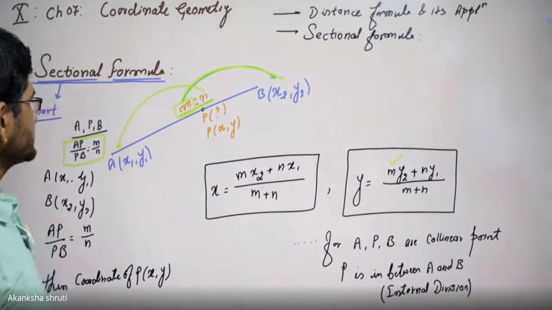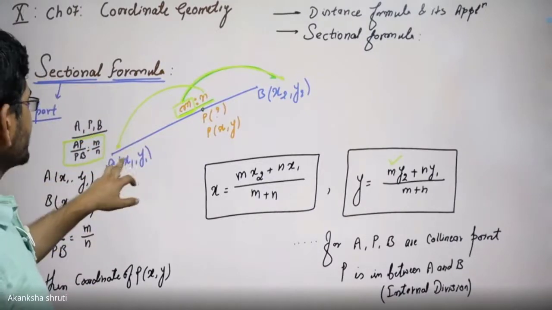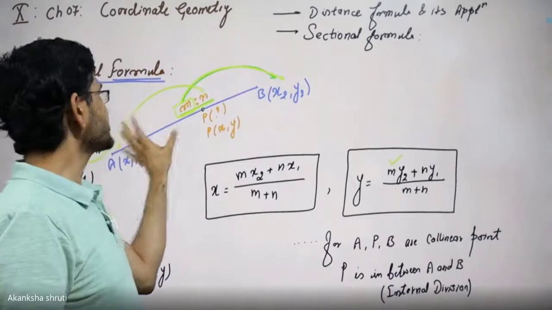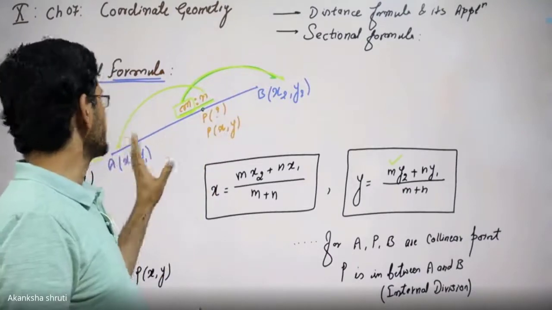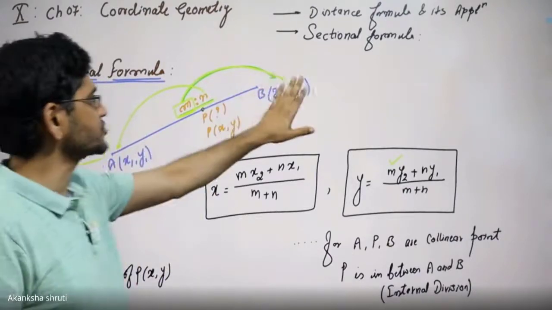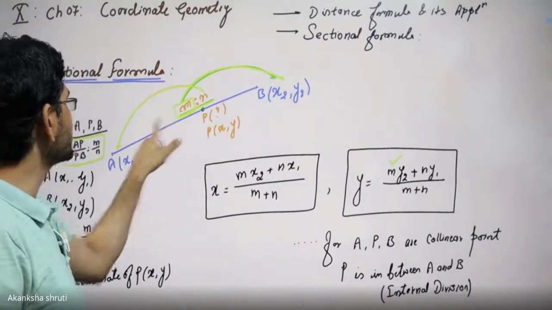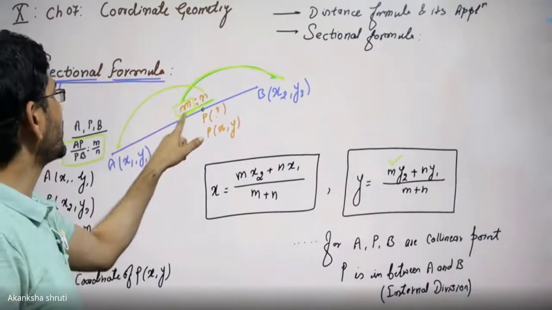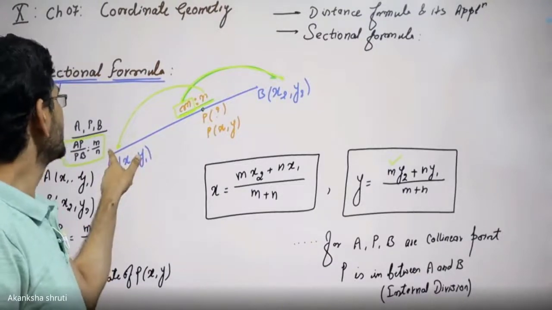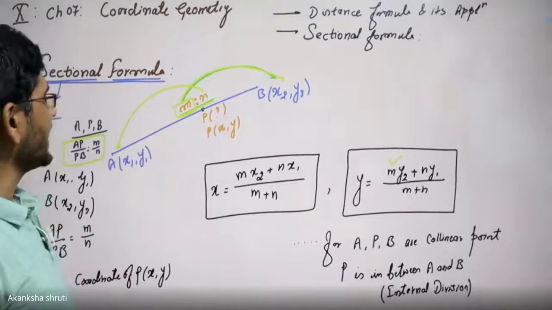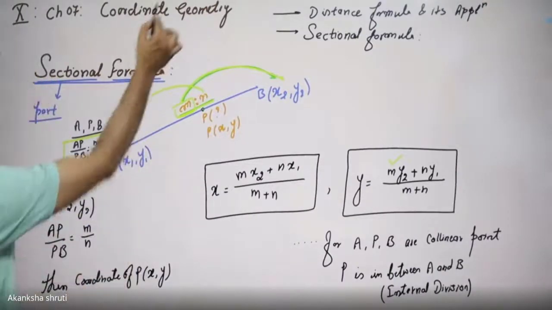So students, the formula relating the segment or the section of a line segment with the coordinates of the two points and knowing the ratio of these line segments or ratio of the section length, this formula is called the sectional formula.